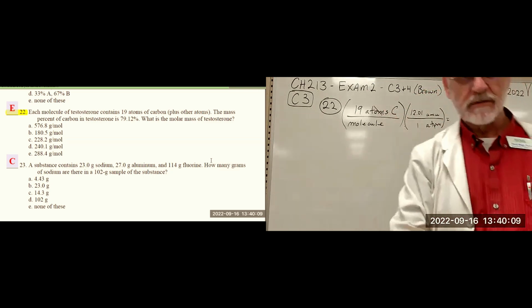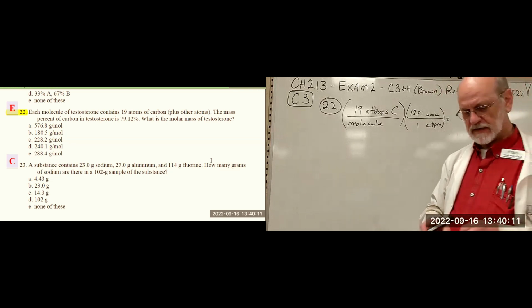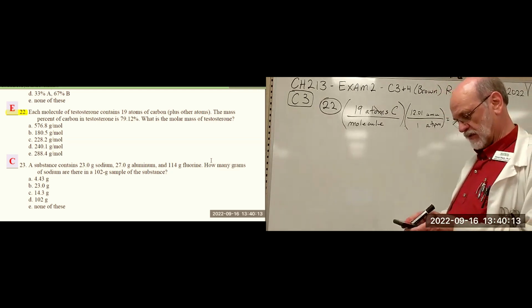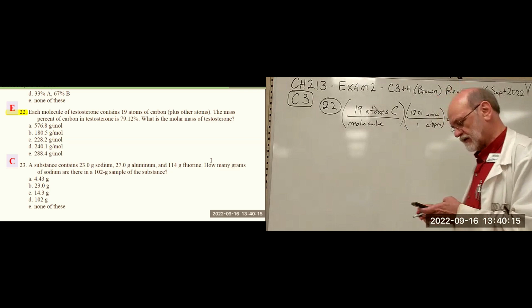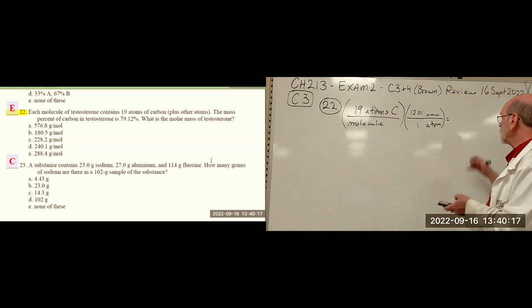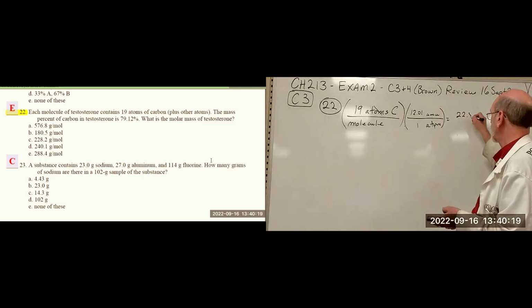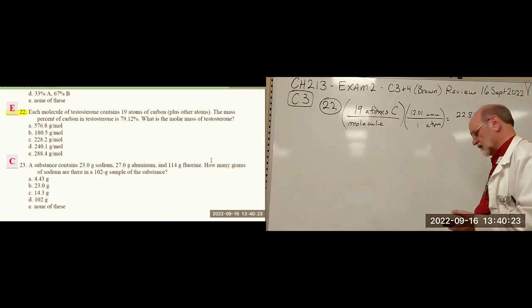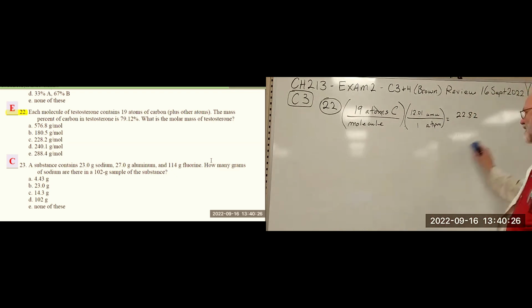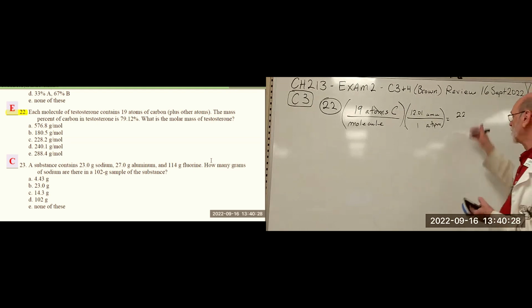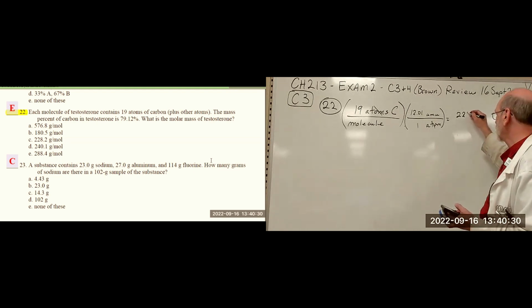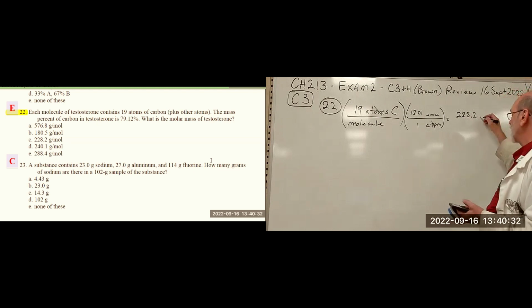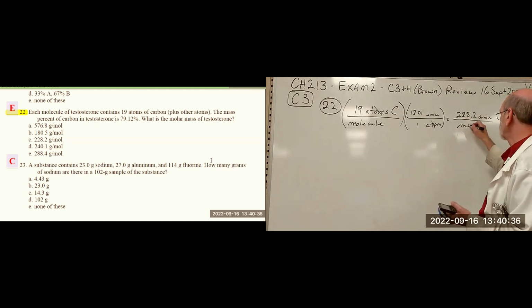Let's see what that is. 19 times 12.01 is 22.82. No, 228.2. That's atomic mass units per molecule.